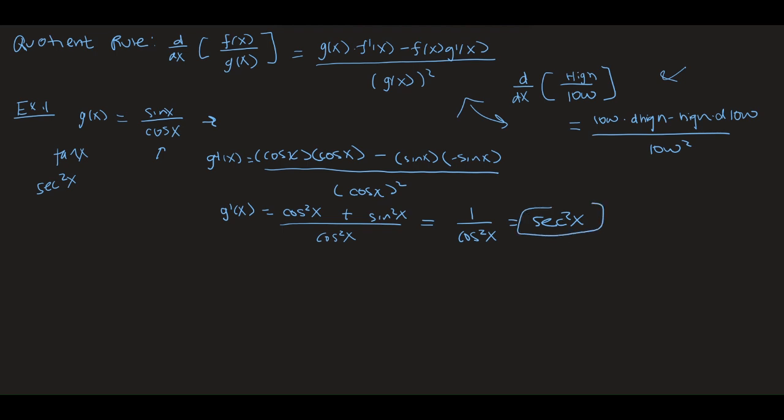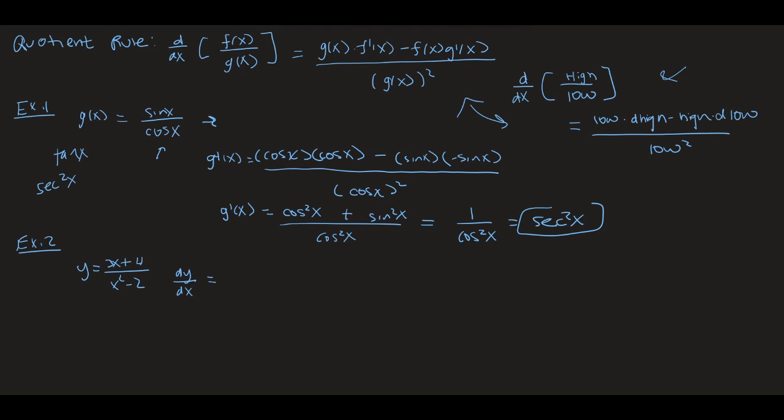And why don't we do one more example? It's a little bit more involved problem. So we have y is equal to 3x plus 4 over x squared minus 2. And if we want to take the derivative, we'll just do our little memory hook.